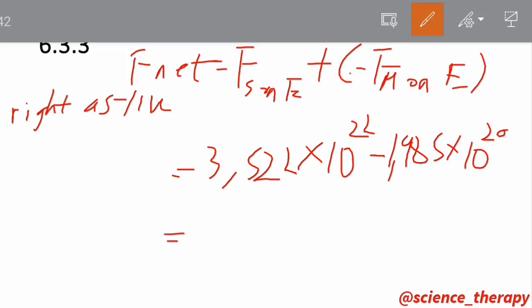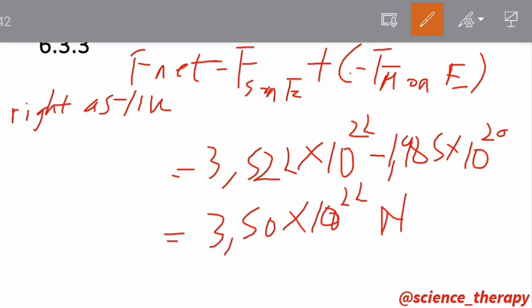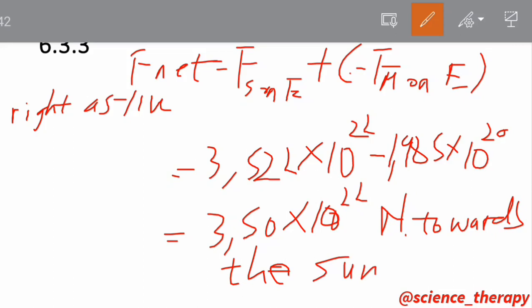Then having to subtract it, we now have 3.50 times 10 to the power of 22 newtons. And then we'll say that is moving towards the sun. Remember, if it comes out as positive, that means the positive direction is the one that is bigger. So this one is moving to the right, but to the right is towards the sun, right? So towards the sun. So that's it for this question.